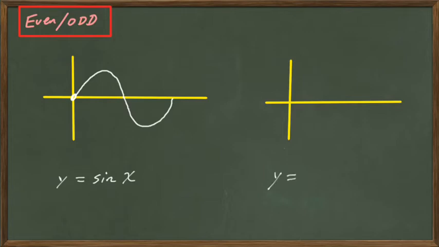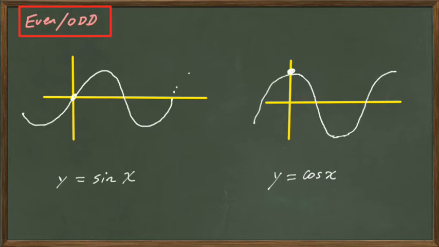As opposed to y equals cosine of x. Cosine of x starts up at 1, comes down to -1, and then back up again. Now, these are waves. That means that they continue, correct? So these continue here and here.